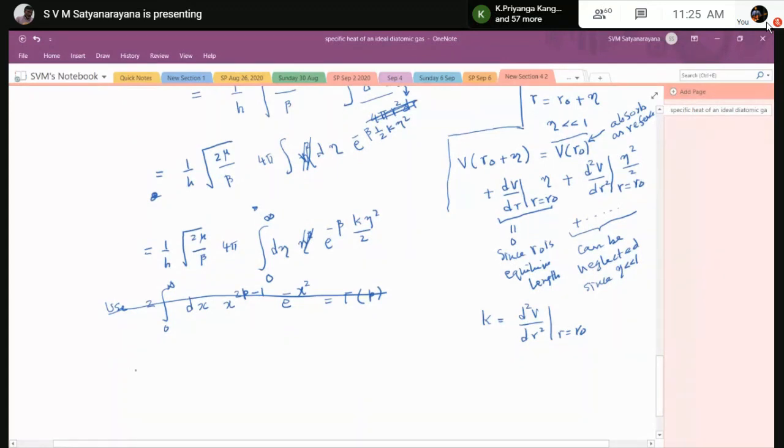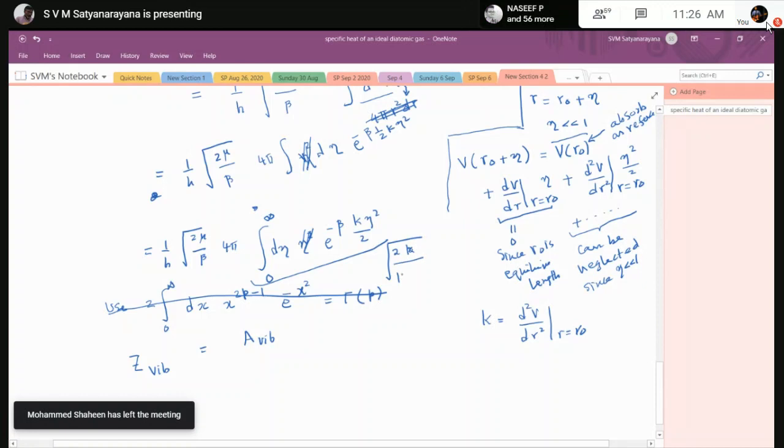Okay, so now you can see that you will get A vibration. Already there is a beta sitting here, correct? And here you will get the integral, which will be square root of 2 by k beta.